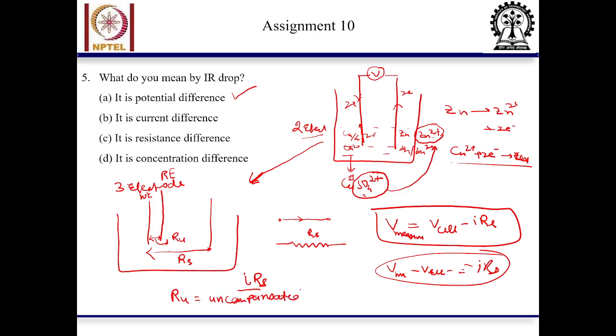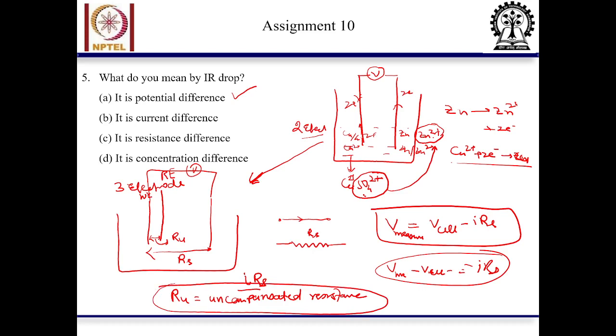Uncompensated resistance. Okay. So what we are doing, we are measuring the potential with respect to the reference electrode, and we are measuring the current between the working electrode and counter electrode. Now the question is, can we remove this uncompensated resistance?